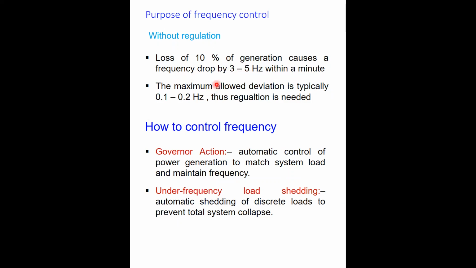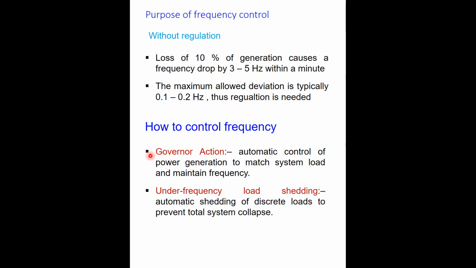But that is not what we normally apply in the system. It is this one. So the maximum allowed deviation, normally we keep it in this range. It will be plus minus in this range, and thus we want to have some regulation on the system. So when you talk about the regulation of the frequency profile, we say control of frequency.